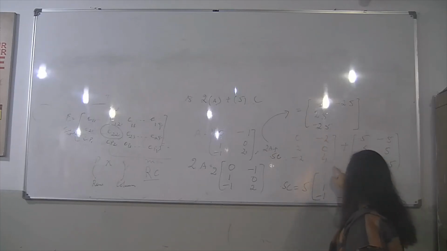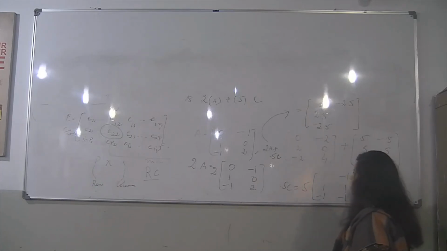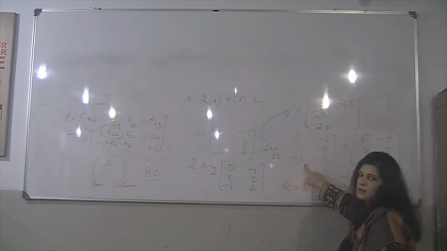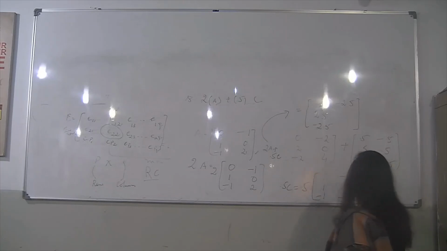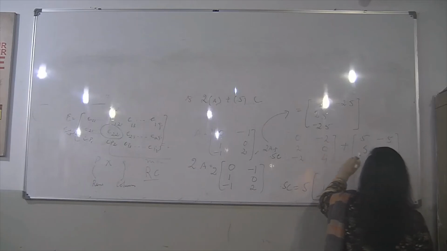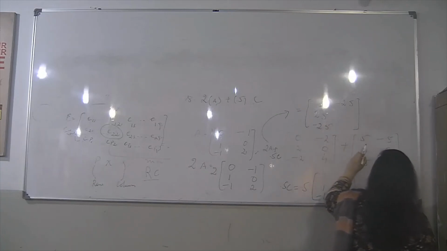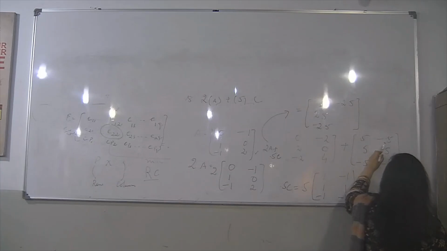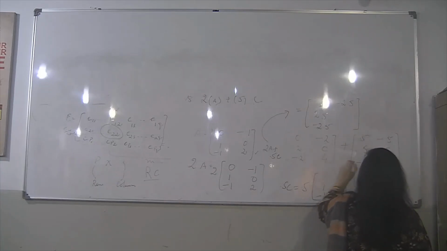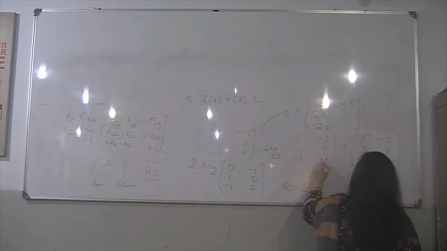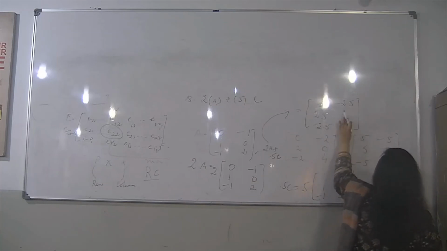Had it been subtraction, then this would have actually been plus. So plus 0.5 minus 2 is actually -1.5. So you have to be very careful about values. Then we have 0 plus 0.5 is 0.5, -2 plus -0.5 is -2.5, then 2 plus 0.5 is 2.5, and 0 plus 0.5 is 0.5.